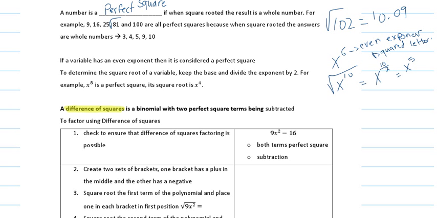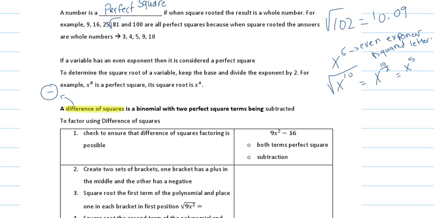Now, before we start, let's define these words. What does the word difference mean in math? Difference means, what's the difference between two people's ages? What do you do to find that difference? You subtract. So difference means subtract, difference means minus. Squares mean a square term, one of these numbers that you see on your sheet, something that's squared.